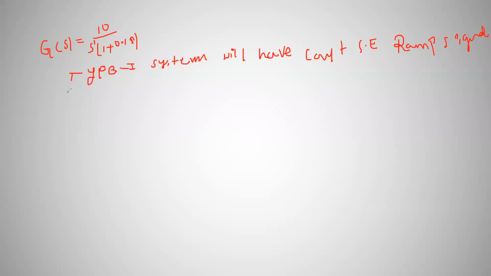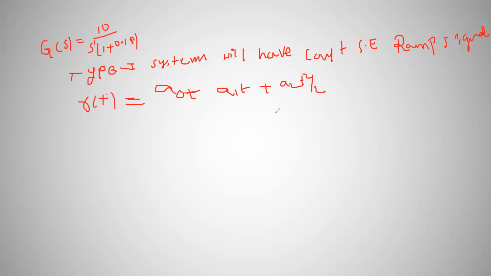Okay, and next one, the given input R of t is equal to A naught plus A1 t plus A2 t square by 2.